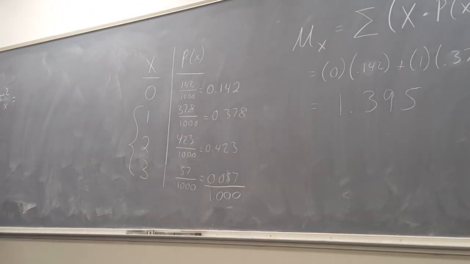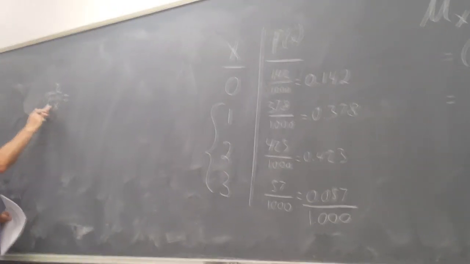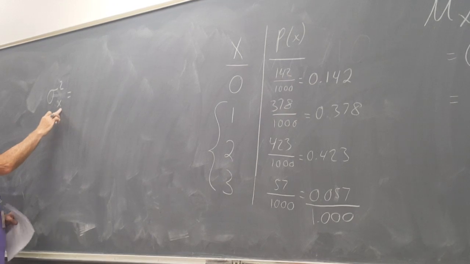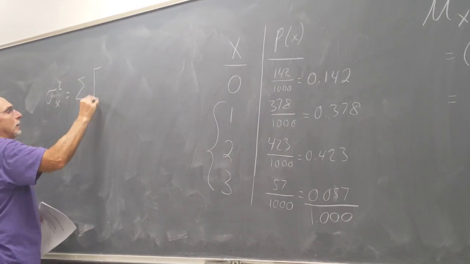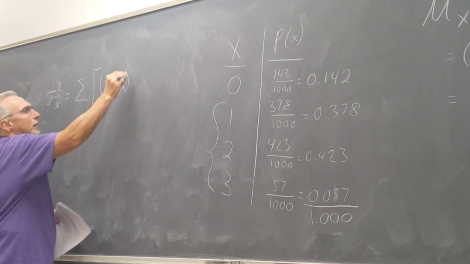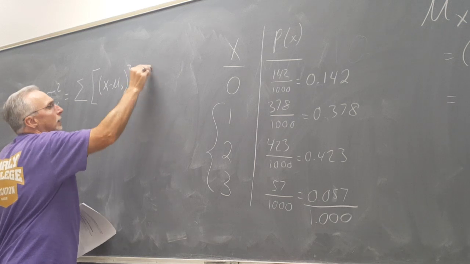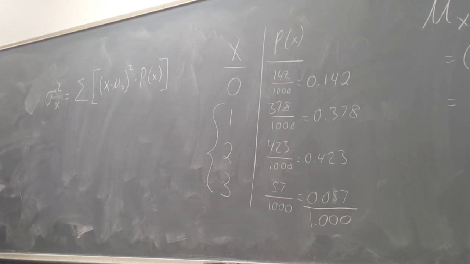So you remember, when you're talking about the variance of a population, that's sigma squared. The little x again just says our random variable is x. So what we're going to do is take the sum of our x values minus the mean, squared, times the probability. That will give us our variance.